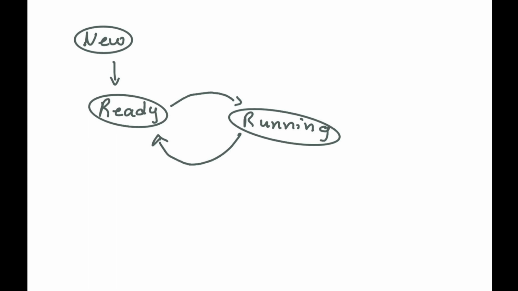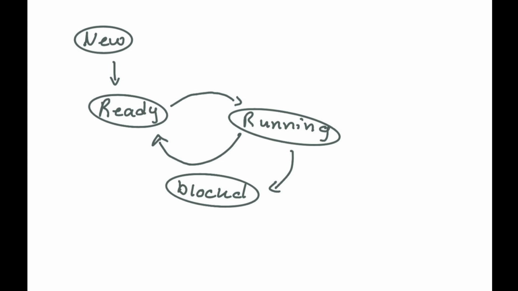Now, blocked. A program can go from running to blocked if it's waiting for input or output from somewhere the OS cannot get itself. Let's say the system calls wait, and so you're waiting for something to happen that the OS itself can't control.